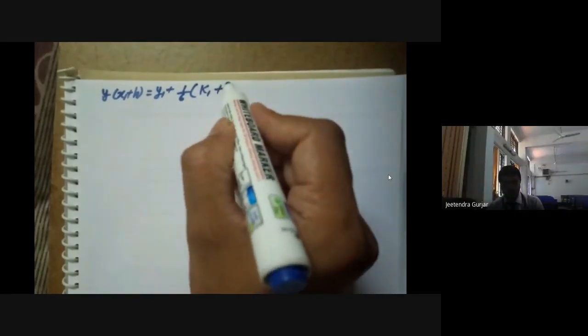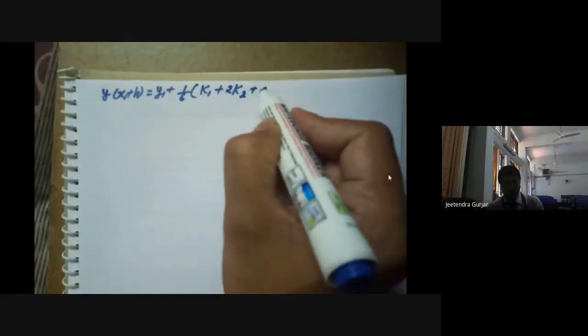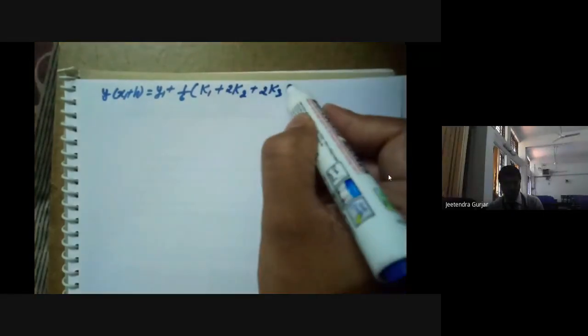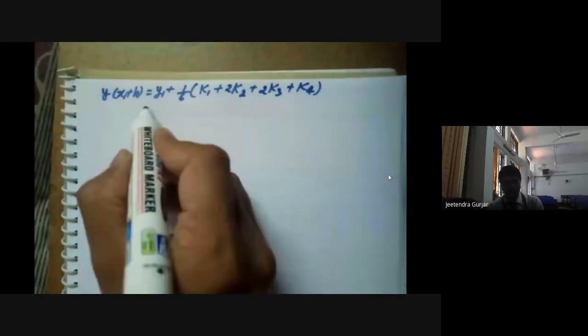y1 is nothing but 1.1165, students, plus 1 upon 6 in the bracket. K1 is going to become 0.1347 plus 2 into K2, which is 0.1551. Substitute the values, plus 2 into K3, which is 0.1576, students. Plus K4.